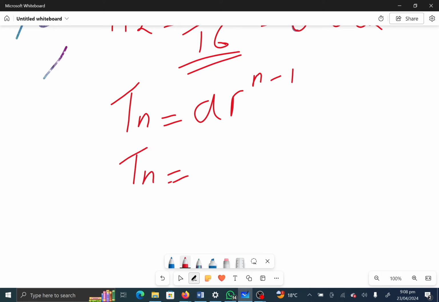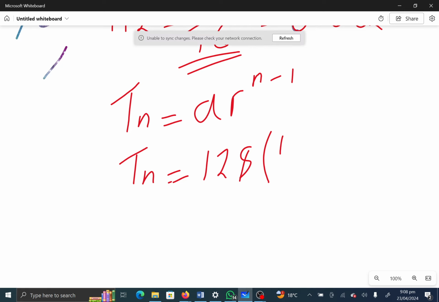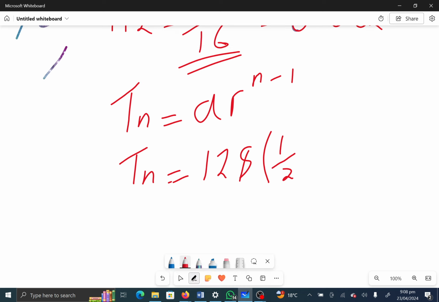So our a we know is 128. Then our r we have already found, which was 1 over 2. Then the index, which is n minus 1, we don't know.